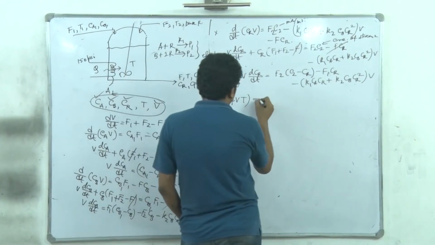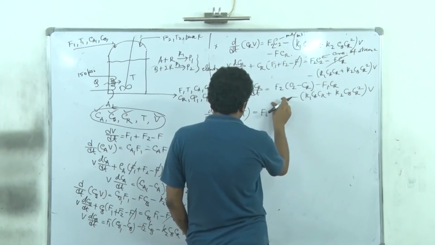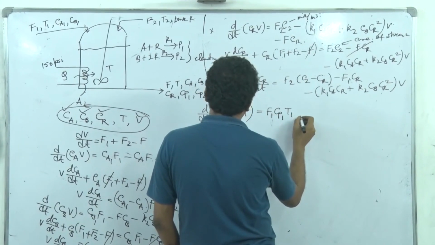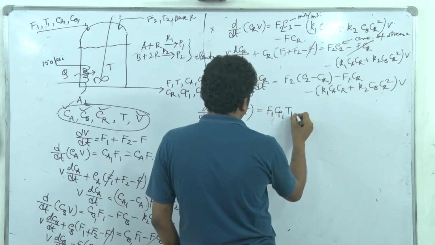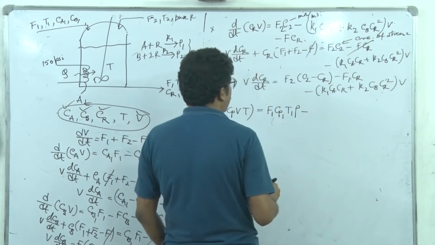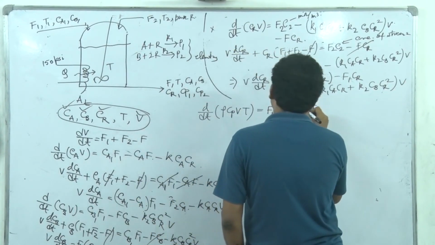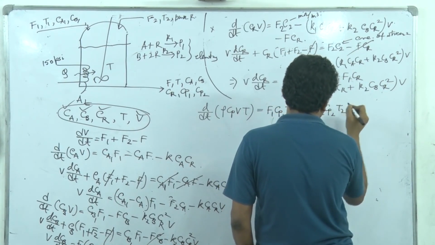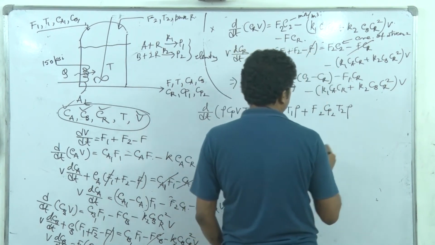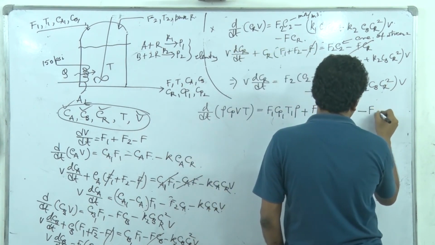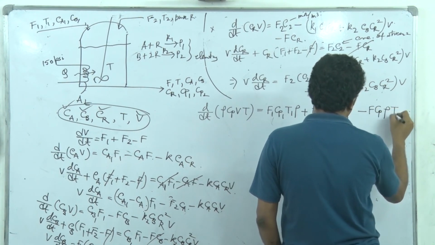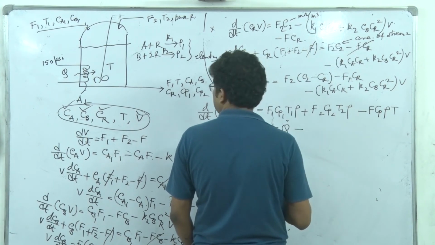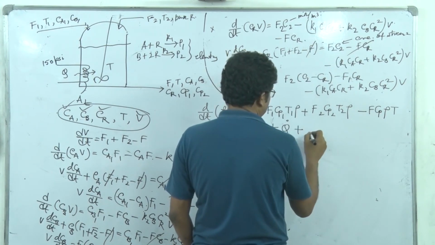So that's equal to F1 Cp1 T1, right, into rho, plus F2 Cp2 T2 into rho, then minus F Cp rho into T plus Q dot, then the heat of reaction.